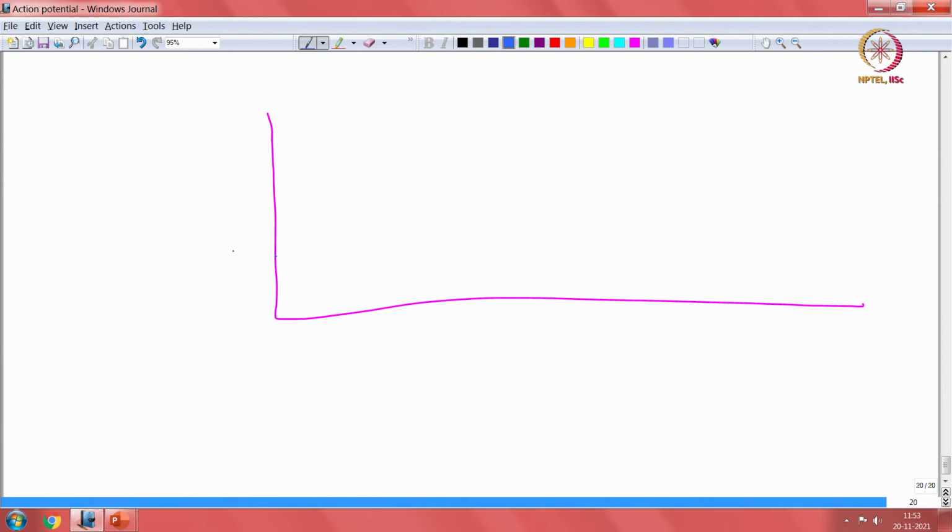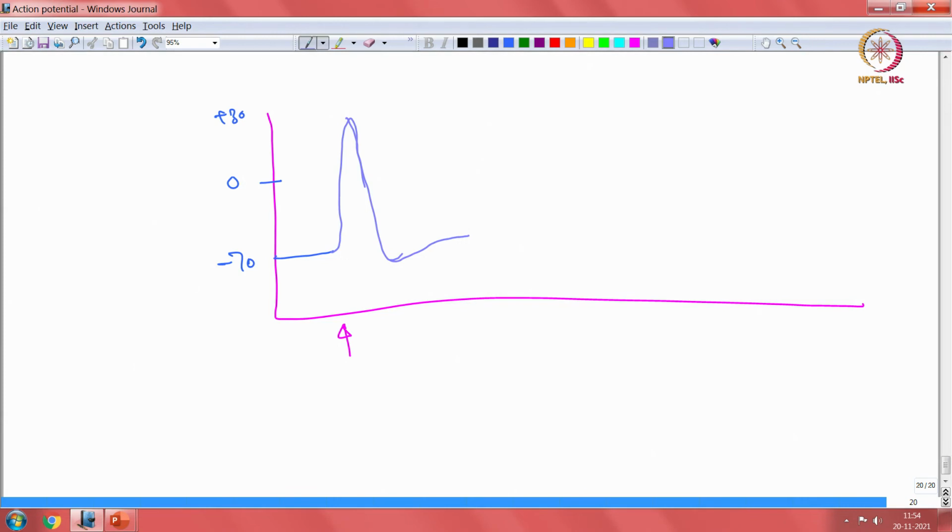So, resting membrane minus 70, 0, plus 30. We first started a stimulus over here, and that produces an action potential. See, this curve is not so symmetric, because the potassium and sodium channels are not very symmetrical electrically.